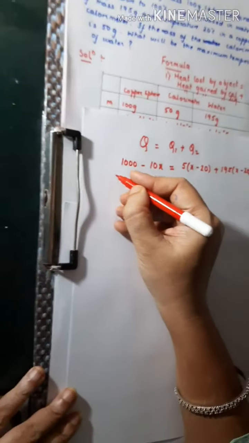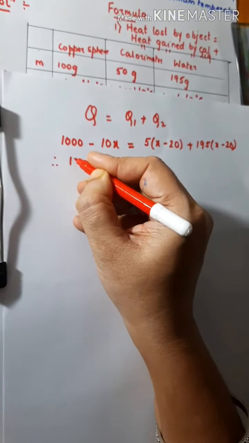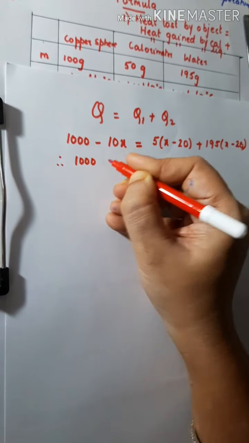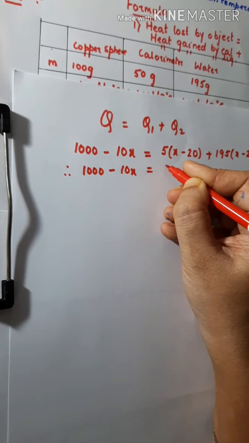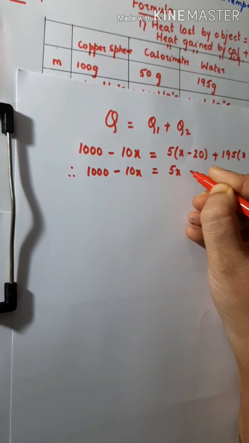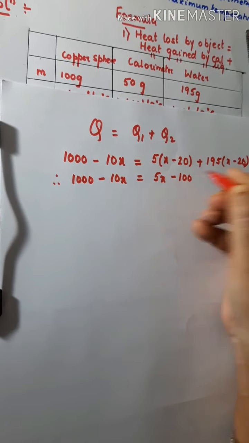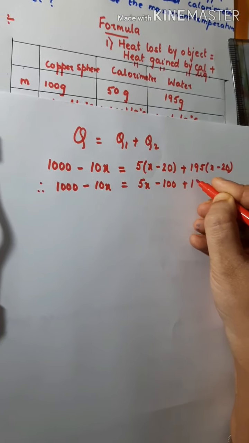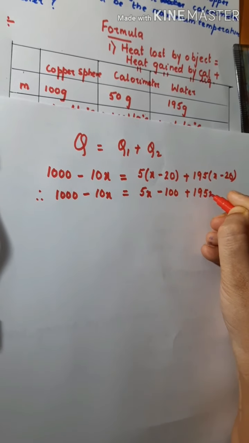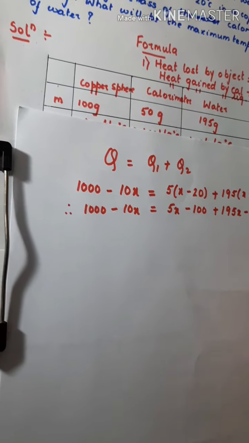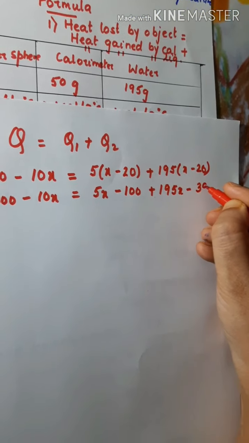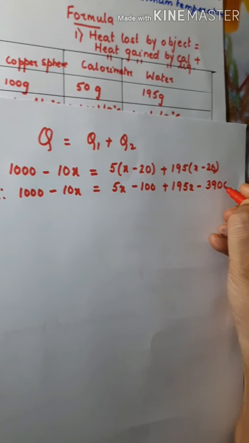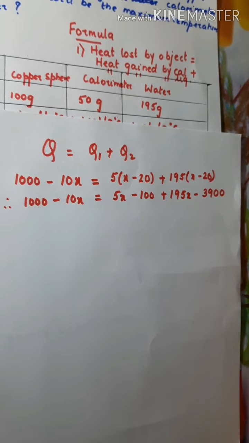Now let's solve this. Therefore, 1000 minus 10x equals 5x minus 100 plus 195x minus 195 into 2, which is 390 with a 0, 3900.